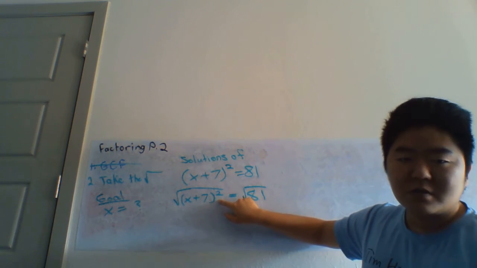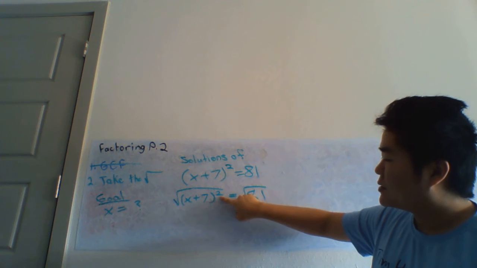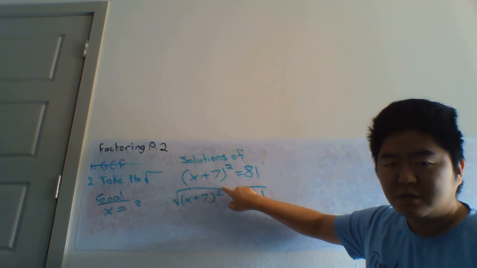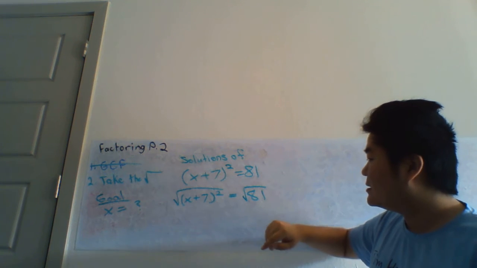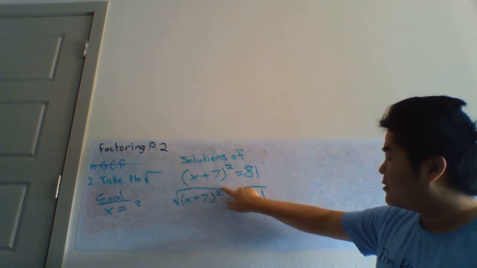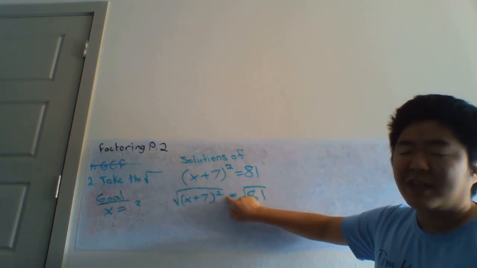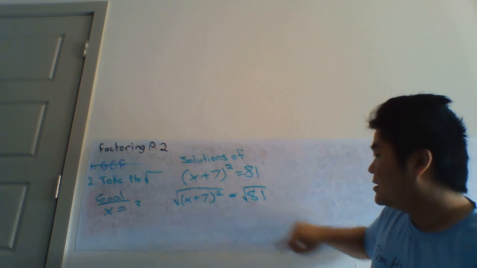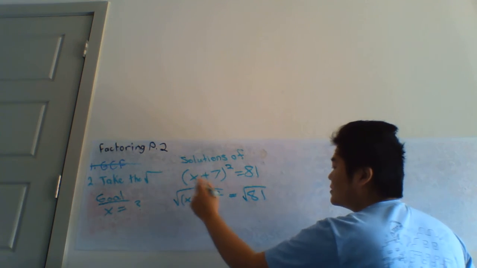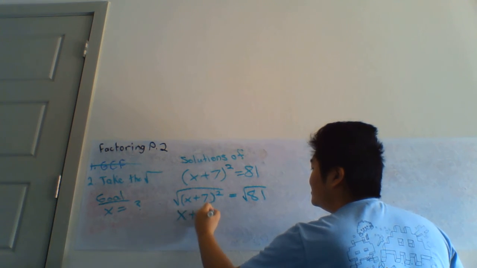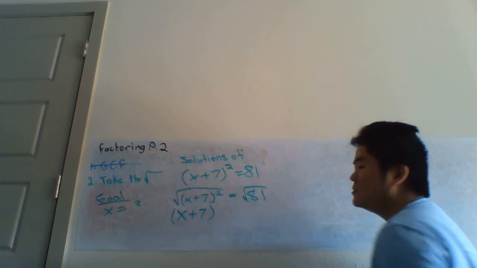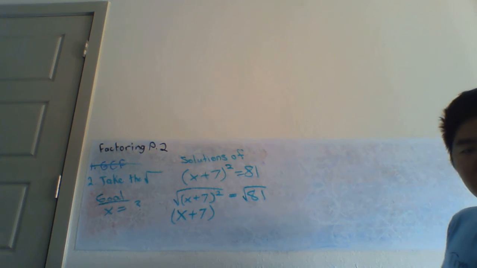Well, we just talked about the square and the square root being polar opposites. If they're polar opposites, it means whenever they encounter each other like this, they cancel out. So this square and square root just disappear. They just straight up disappear, right?